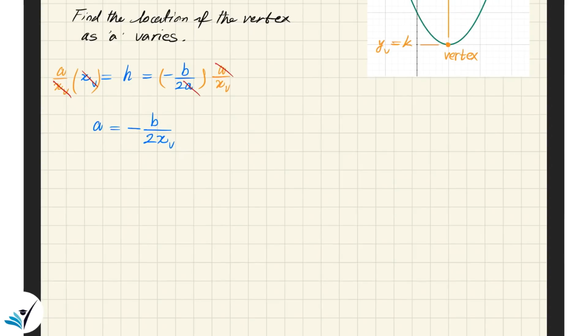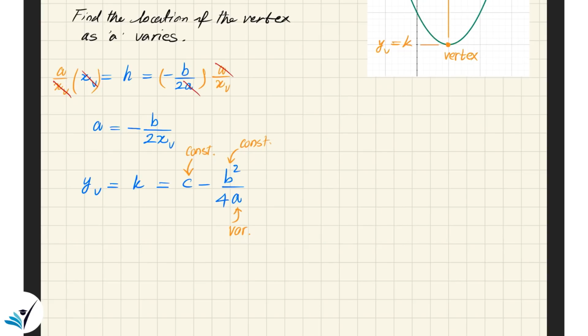Now we use the relationship between k and a, b, and c. So we have y sub v is equal to k, which is equal to c minus b squared divided by 4 times a. Keep that in mind. In this equation, c is constant, b is also a constant, and a is a variable.